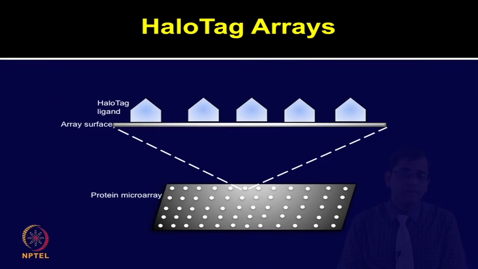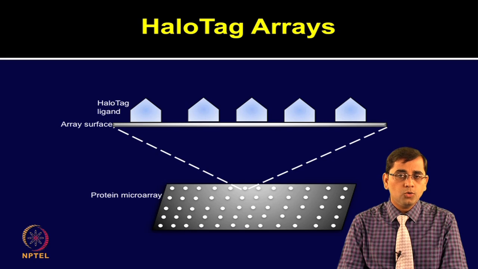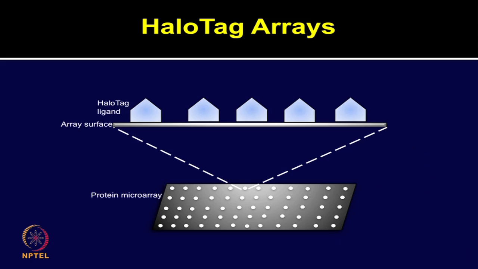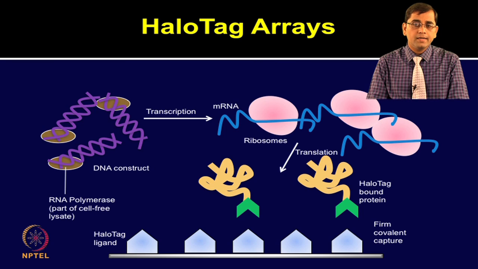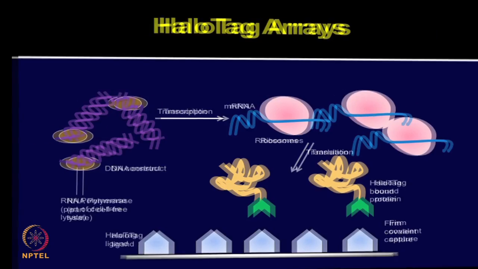As shown in this slide, the polyethylene glycol coated slide can be activated using halotag ligands. The proteins fused with halotag are expressed by using cell-free expression system and are covalently captured on polyethylene glycol coated glass slides. So, halotag method enables oriented capture of proteins.